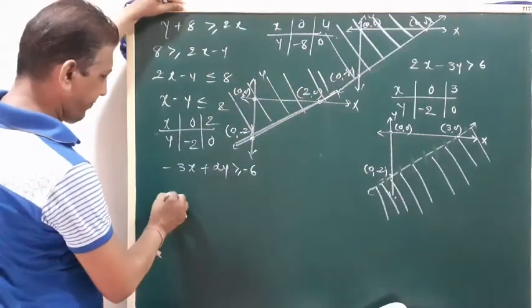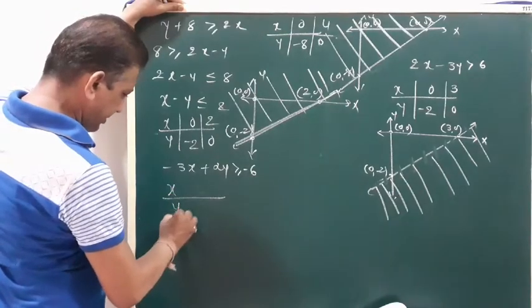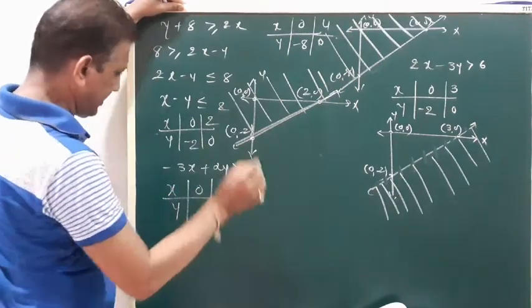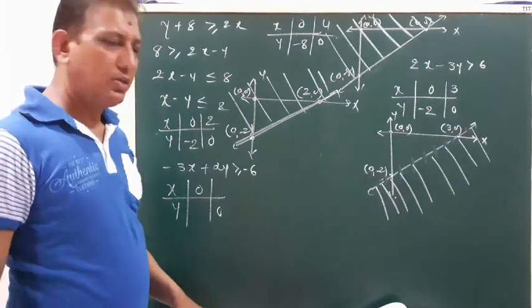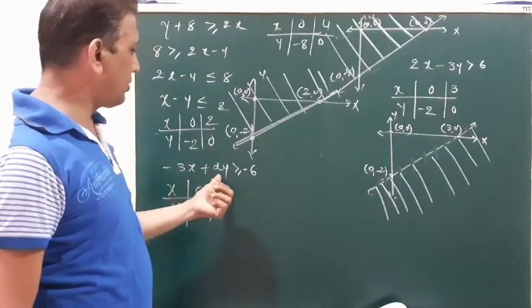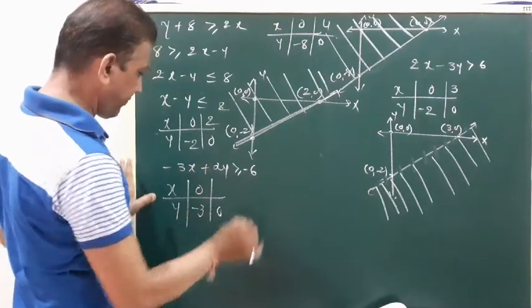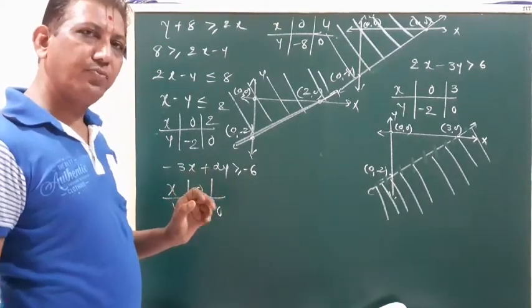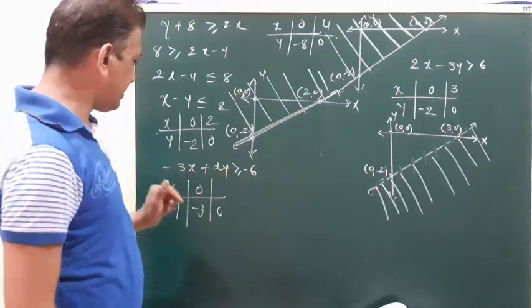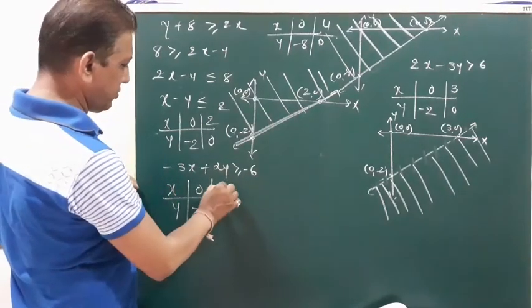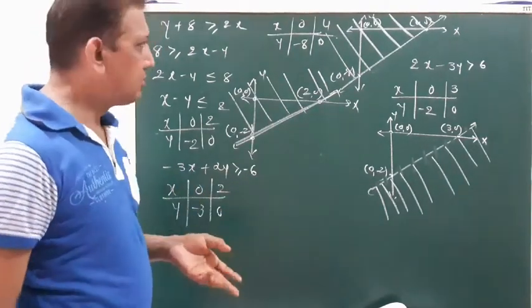Okay, table. Put x equal to 0, so 2y equal to minus 6, so y equal to minus 3. Now put y equal to 0: minus 3x equal to minus 6, minus times minus is plus, x equal to 2.